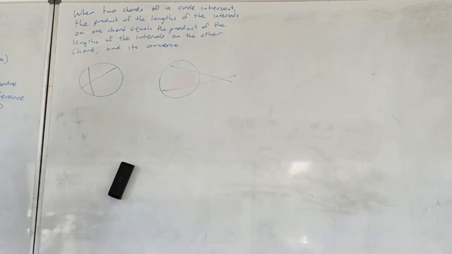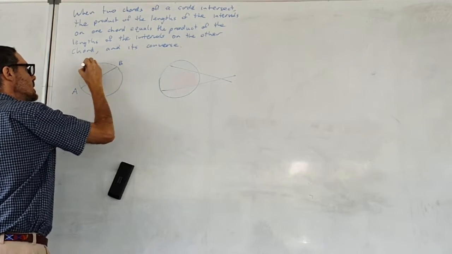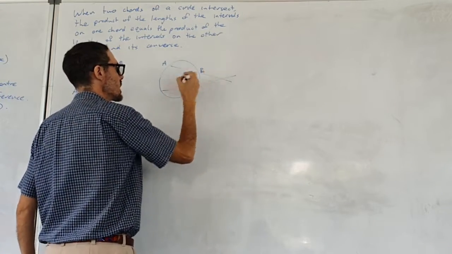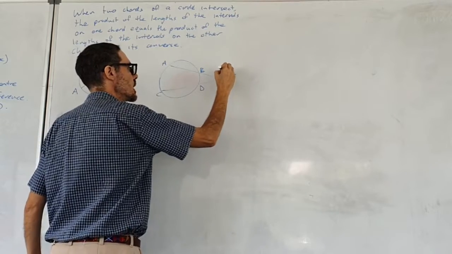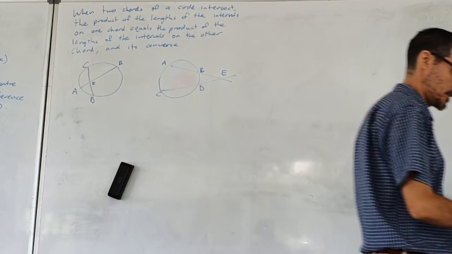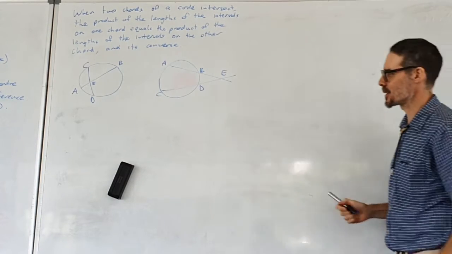Not to worry. We'll pretend. A, B, C, D, E. Chords might meet inside or outside. When it's outside, you've got to be careful how you interpret it.